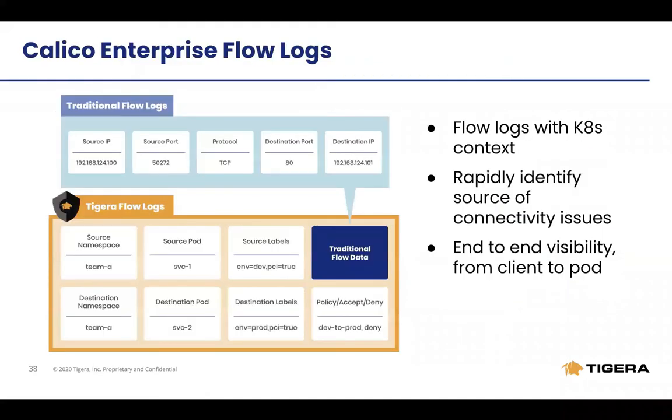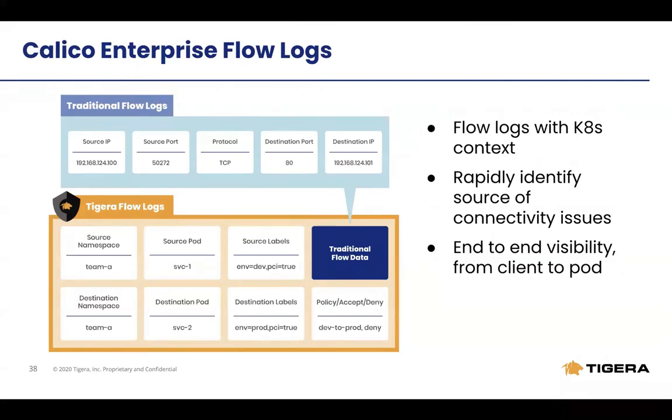So one of the things that Calico can help with, as you onboard your application microservices into EKS, is the ability to collect a richer set of metadata around each flow within your environment.